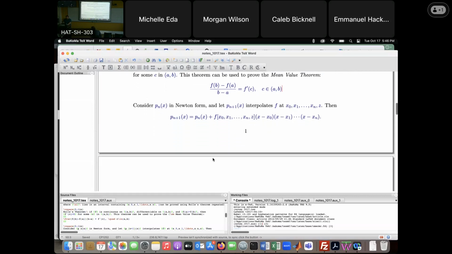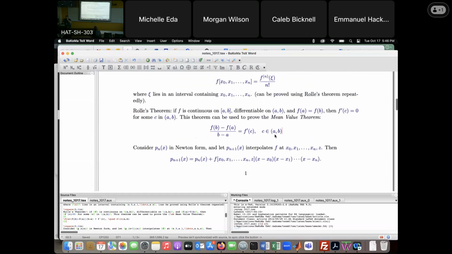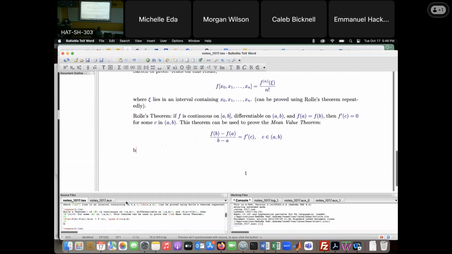Okay, so mean value theorem. Because if you define function g of x is equal to f of x, I'm doing this from memory, so I apologize for stumbling here a bit. Okay. I think it's something like this.